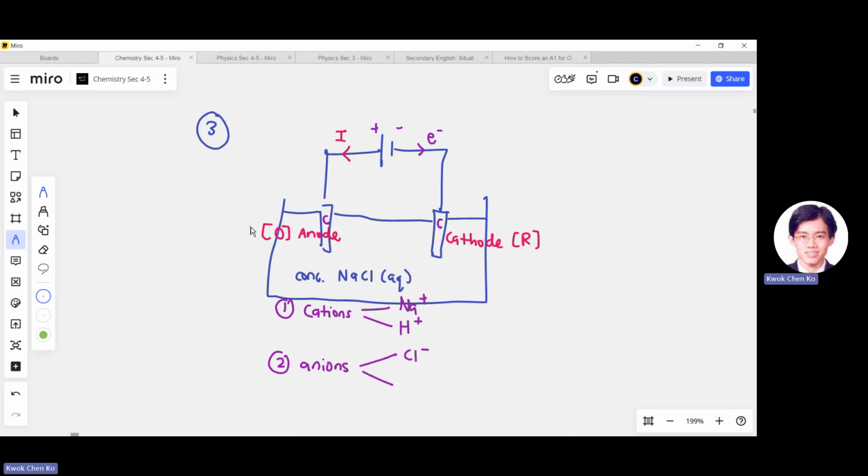Shouldn't be a problem. Reminder, I mentioned this last week. Yes, I know there are a lot of new concepts. Cations will go to cathode. That's why they are called cations. That's the definition of cations actually. Anions go to anode.